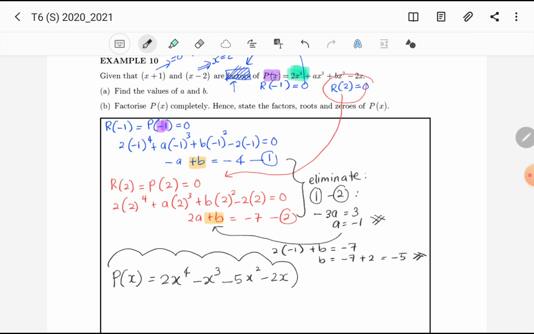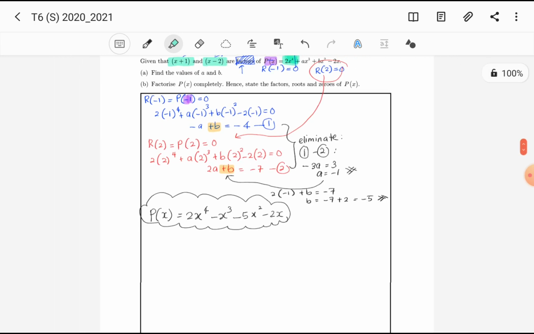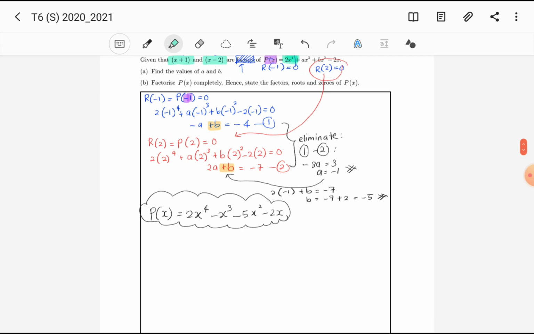Okay, ini adalah px, after we substitute the values of a and b. And then we know that x plus 1 and x minus 2 are the factors of px. So, kita dah ada 2 factors. We just need to find the other 2 factors.